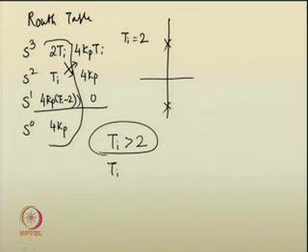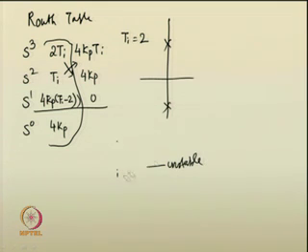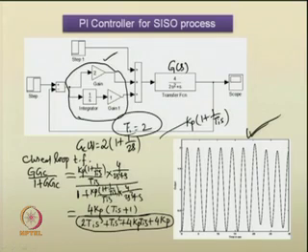But when TI is less than 2, the closed loop system will yield an unstable response, or the output response will explode. This is how one can design a PI controller for the process given as 4 upon 2 s square plus s. TI should be greater than 2 to obtain a stable response, not like this.